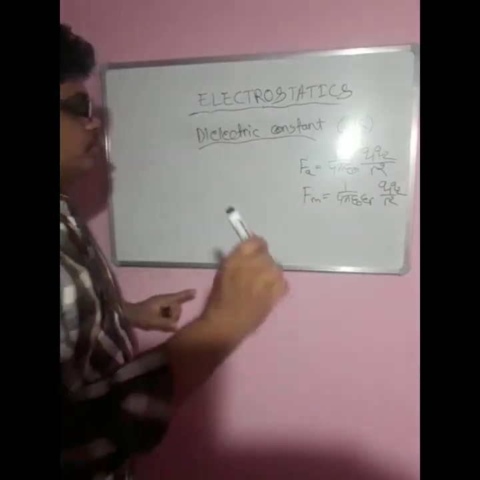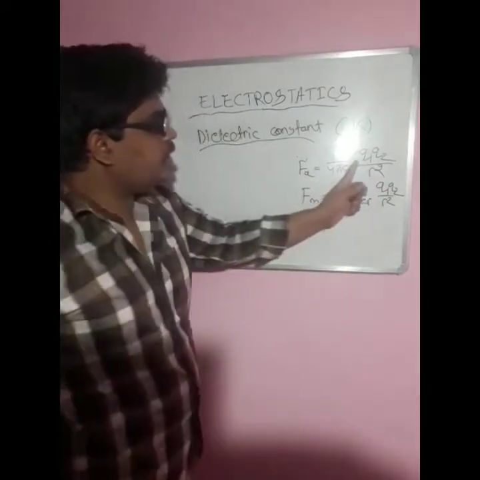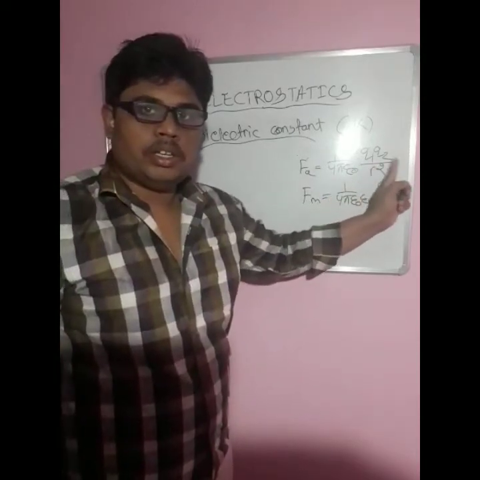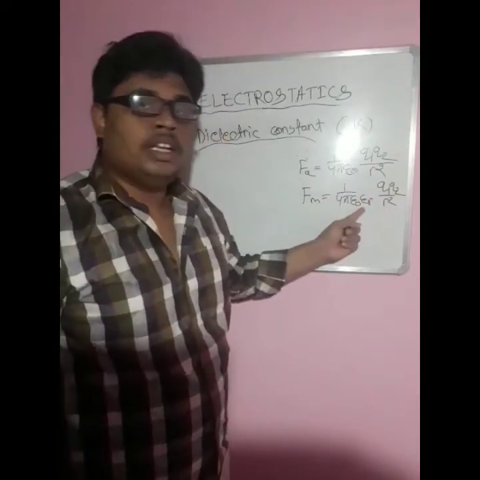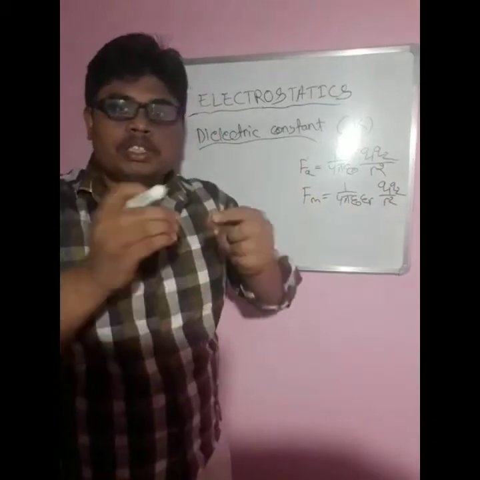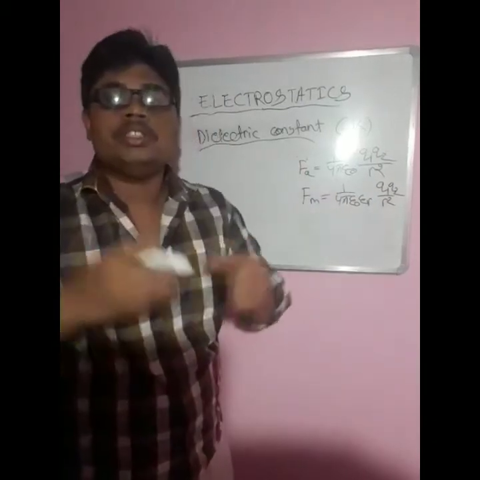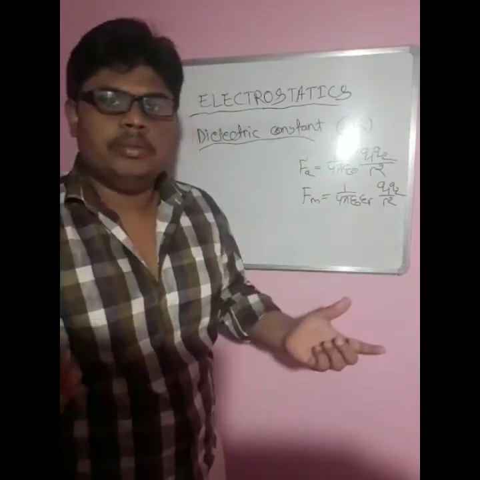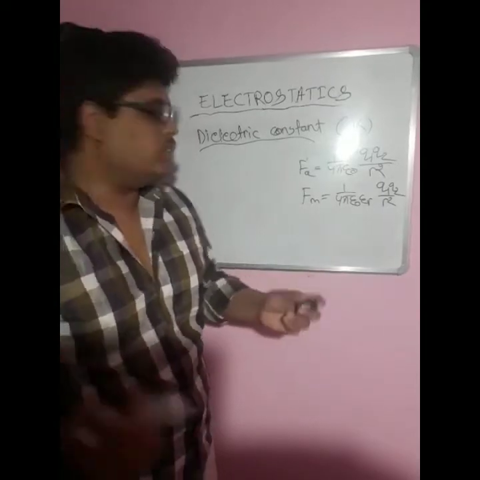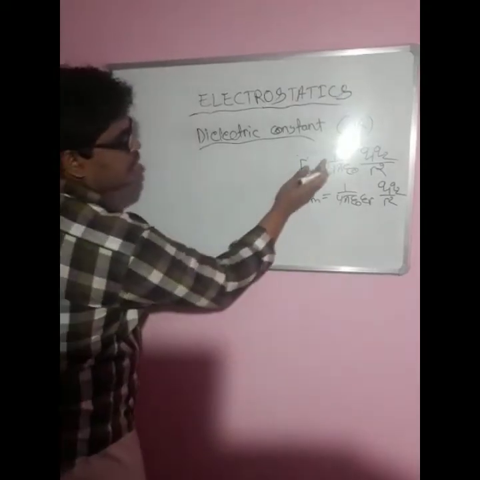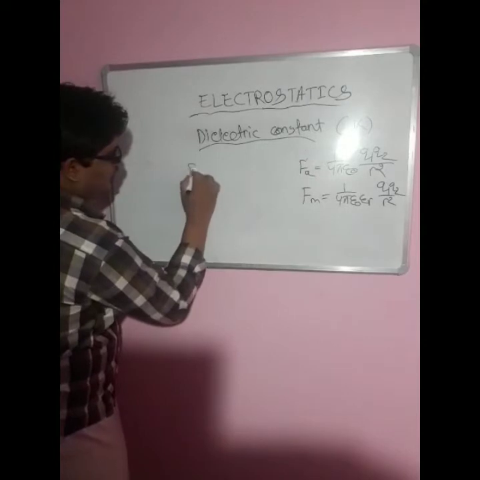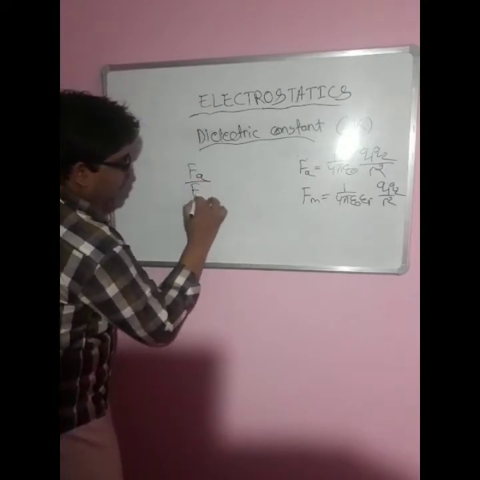See, if I take the same charges Q1, Q2 in both cases, here the medium is air and here there is a medium, any medium, it may be water, oil, anything. Let's divide the force in air by the force in medium.